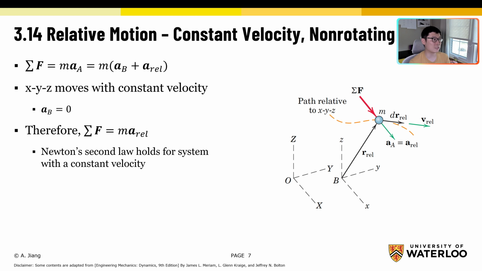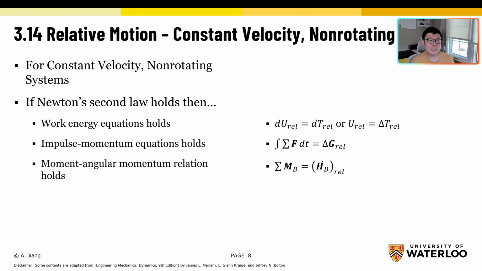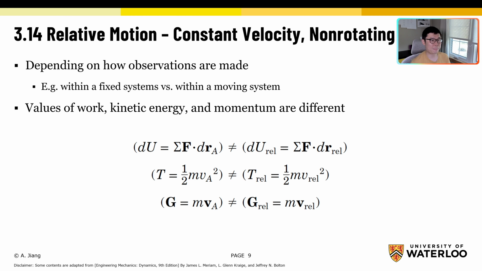So we're not breaking Newton's second law. For a constant velocity non-rotating system, since Newton's second law can be used here, these equations can be used for relative motion analysis, including work-energy equations, impulse-momentum equations, and moment and angular momentum relations. All these equations we learned can still be applied here.